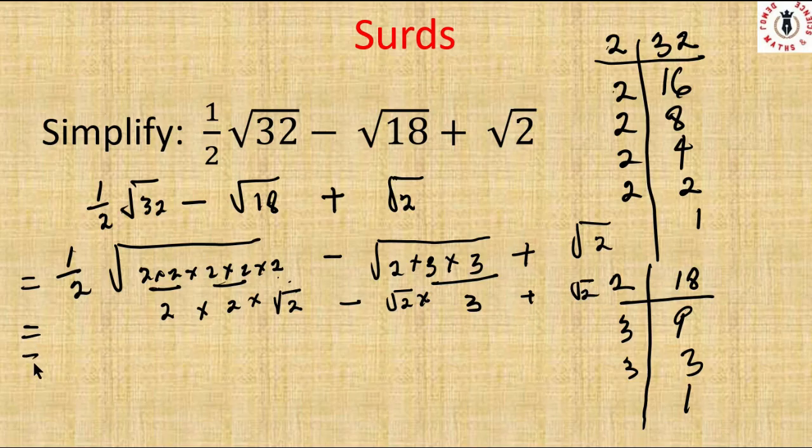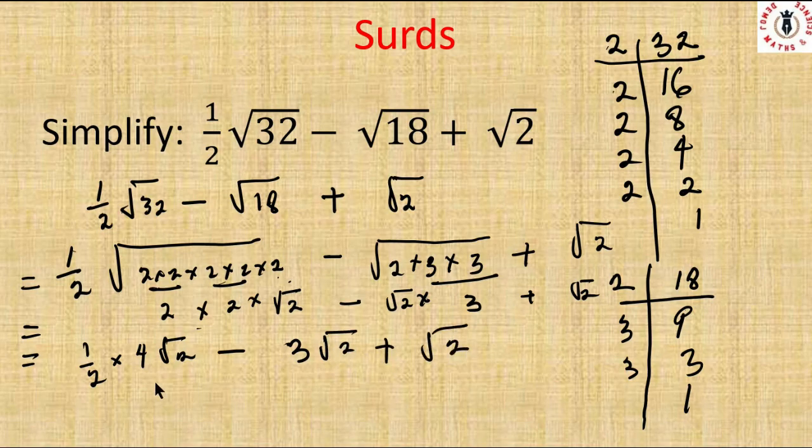So that is the same thing as half of 2 times 2, that's 4, times 4 root 2 minus 3 root 2 plus root 2. So that will be, 2 into 2 is 1, 2 into 4 is 2. That will be 2 root 2 minus 3 root 2 plus root 2.